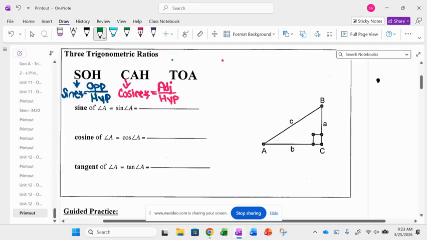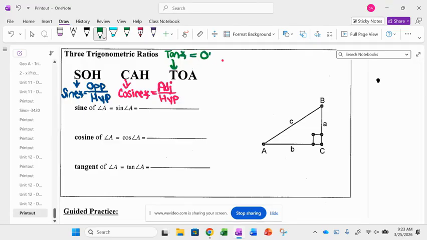And the tangent of an angle is going to pair the side opposite that angle over the side adjacent or next to the angle. Oops, I wrote tan instead of tangent. I really wrote that badly.